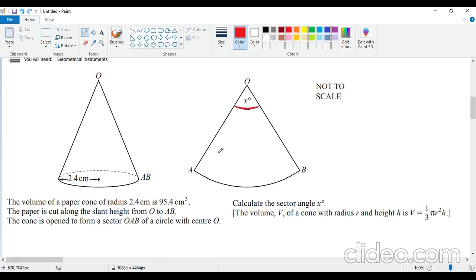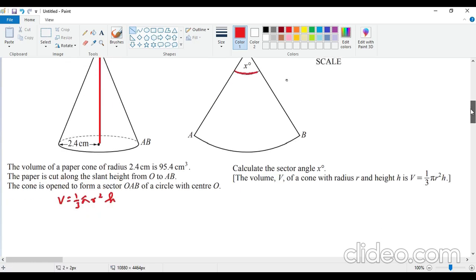First of all, we know the formula of a cone is V equals 1 over 3 pi r square h. The unknown value is the height, this is the value we need to find out.